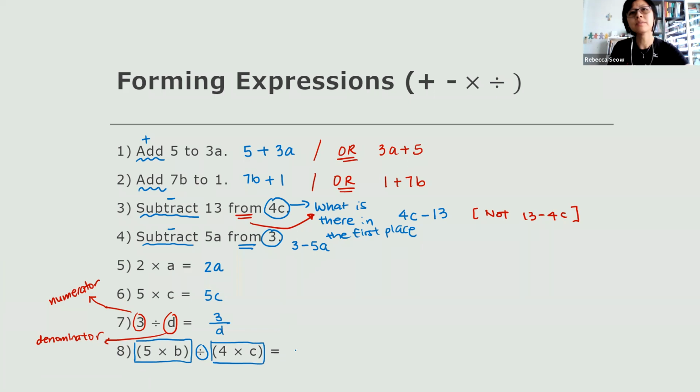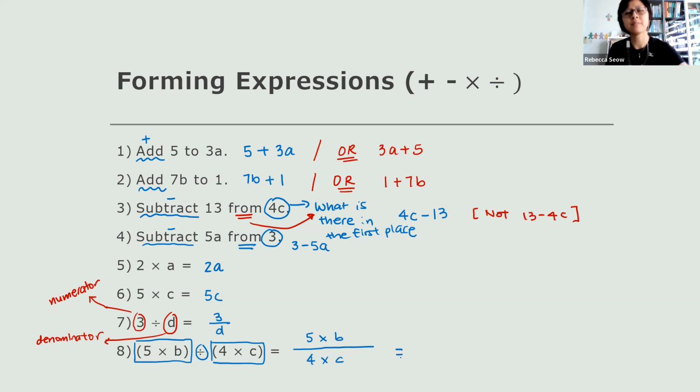Okay, so if we were to write it down algebraically, the divide sign will be the line between the numerator and the denominator, isn't it? Now, numerator would be what comes before the division sign. That will be 5 times b. And the denominator would be what comes after the division sign, which is 4 times c.